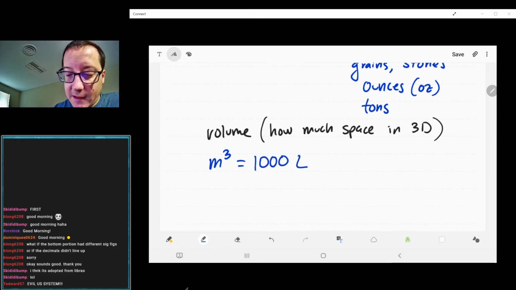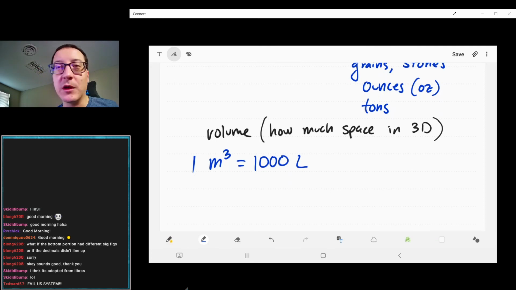We have the liter and the cubic meter, and this is how they are equal to each other. 1,000 liters is 1 cubic meter. So a cubic meter would be the volume contained by a cube that is 1 meter in each direction.